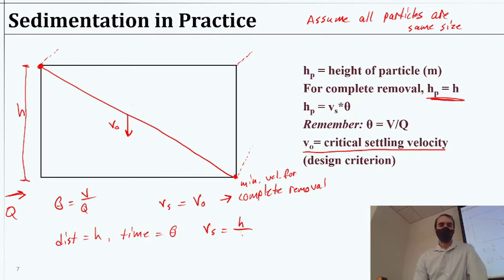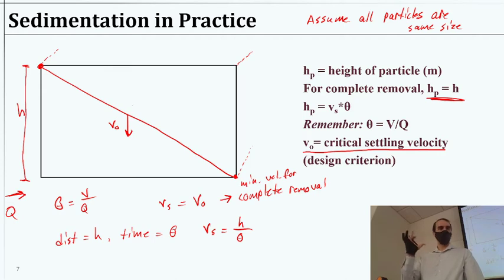Now, if we had a problem where perhaps Vs changed, we suddenly have a different temperature or a different size particle, then our Vs is going to change. Then we would say, oh, well, we need to change the height, or we need to change the hydraulic retention time. We have to decrease the flow in order to still have the removal. So just keep in mind that when we talk about V naught, that is the precise design criterion, and Vs is the observation we make. And a lot of times we'll relate the two.